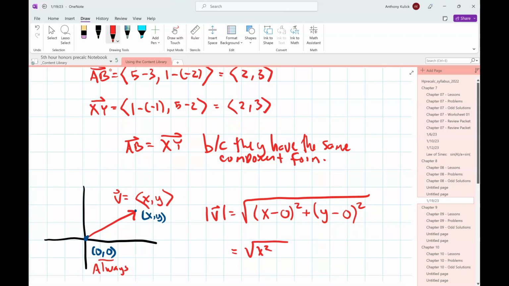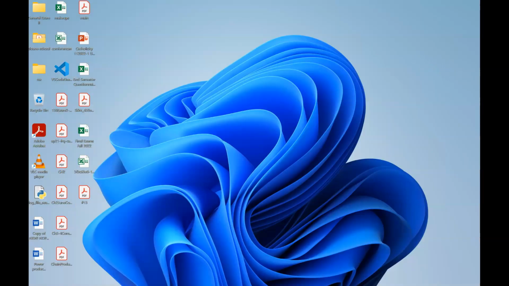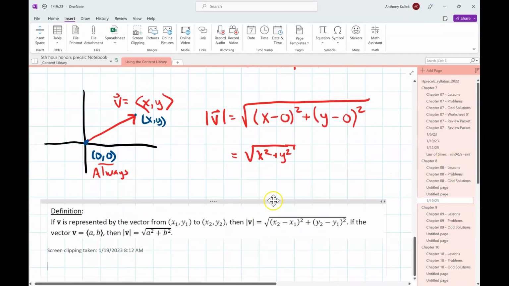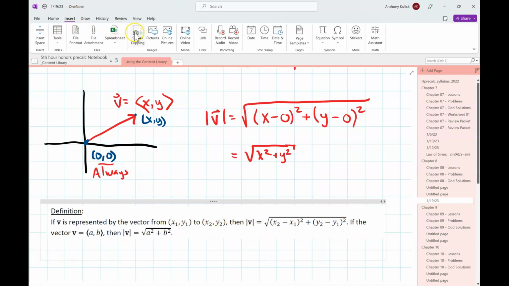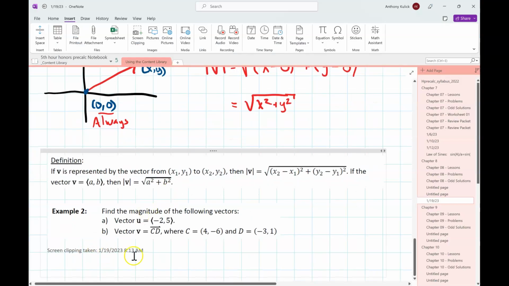So this just turns into the square root of x squared plus y squared. So dropping this in, again, this is our formal definition from the notes. And we'll do a quick example here.